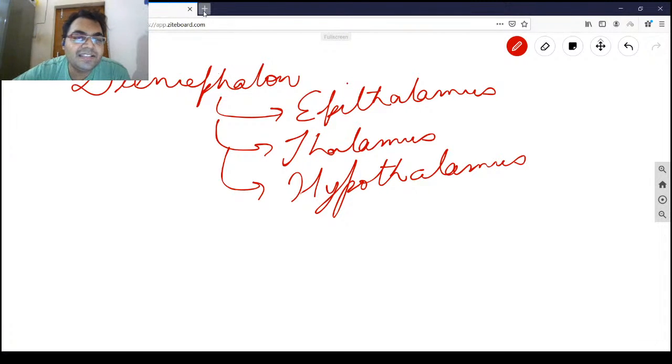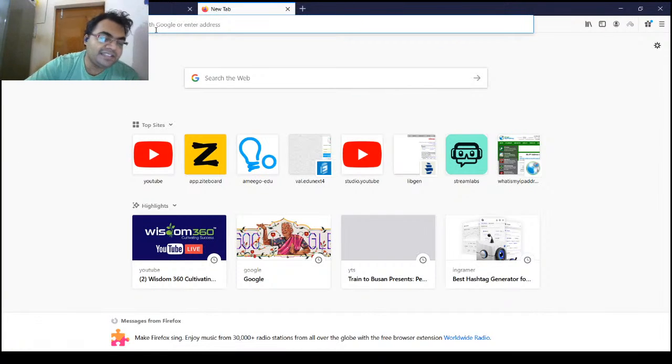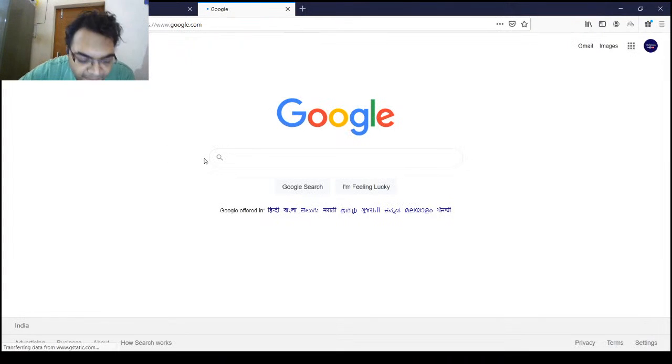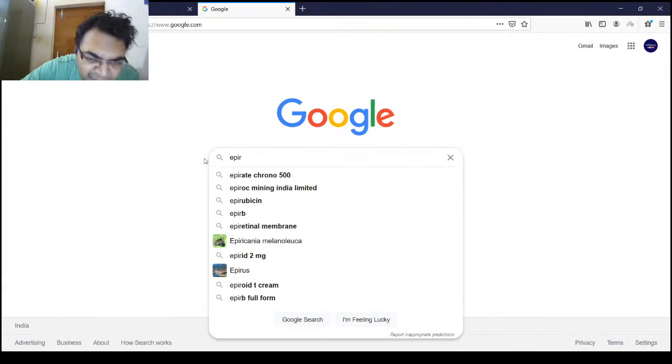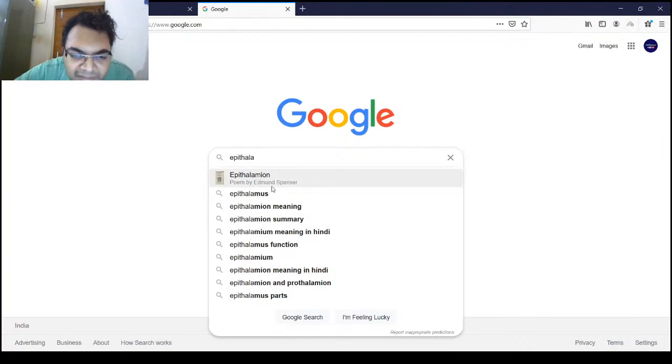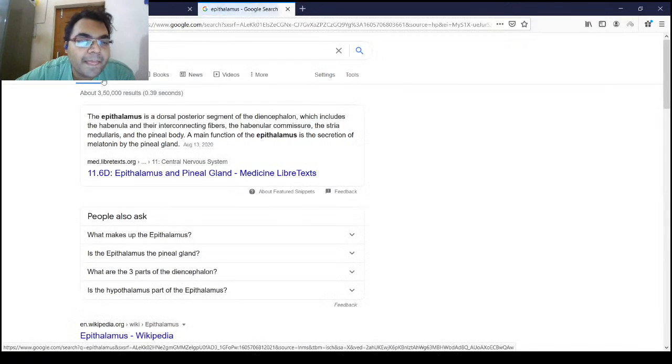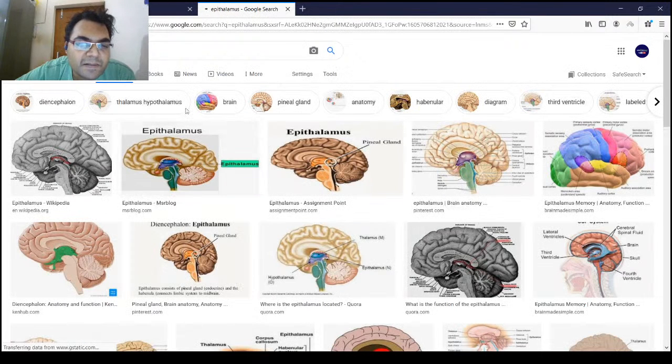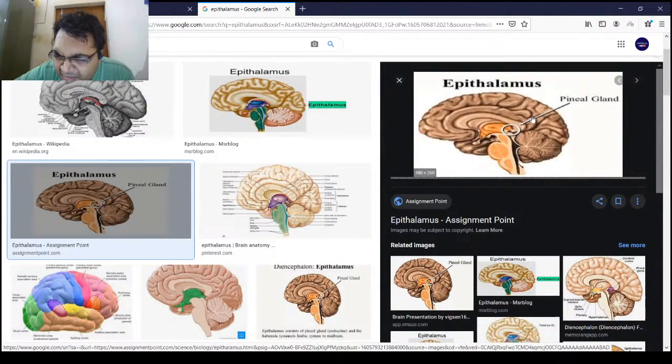It is present superior to the third ventricle. Epithalamus, a very important region. Just look here.